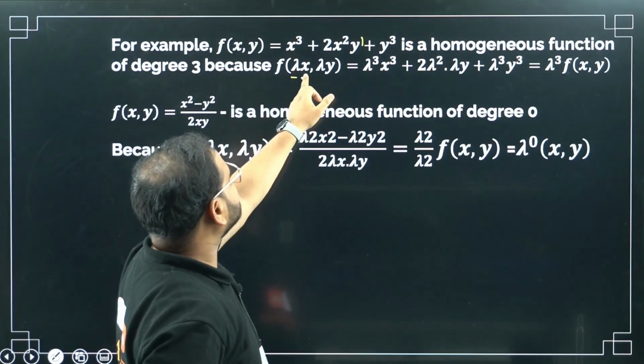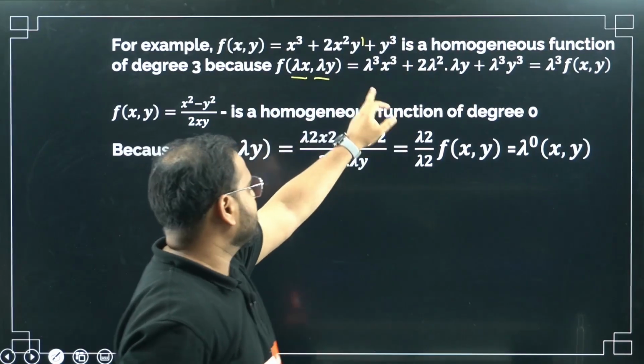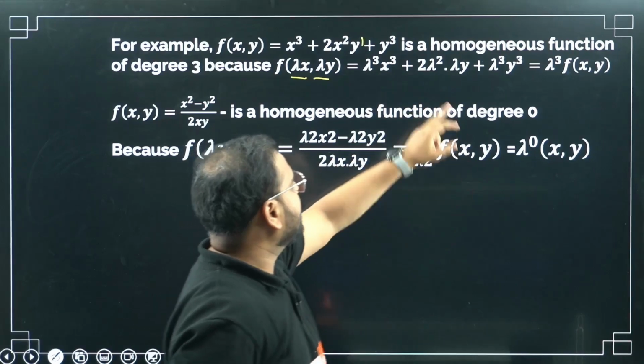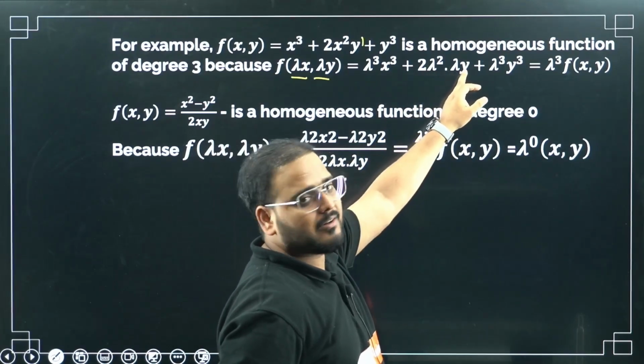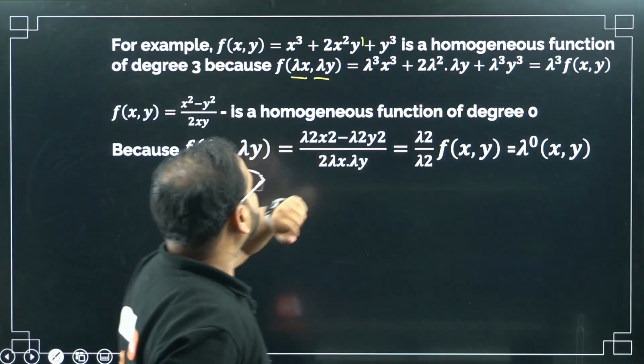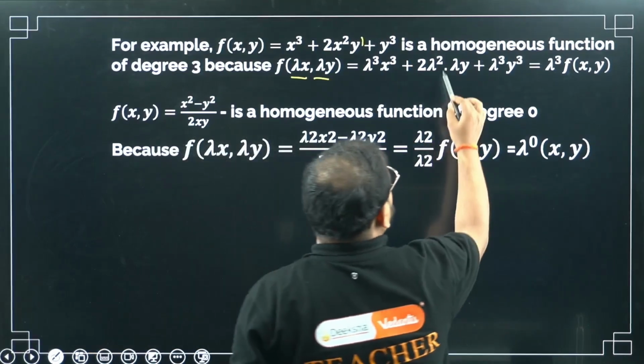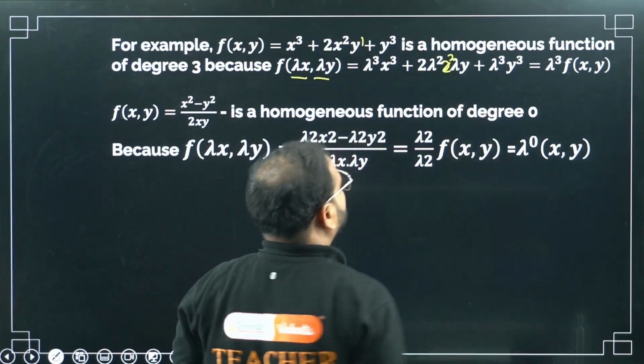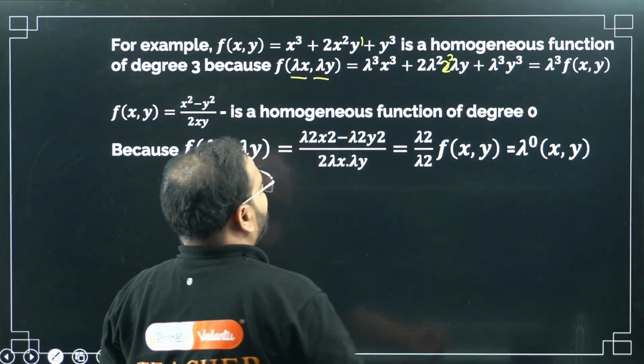Put x as lambda x and y as lambda y. Lambda cube x cube, 2 lambda square x square times lambda y, and lambda cube y cube.